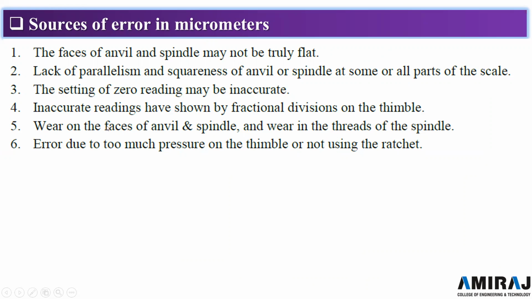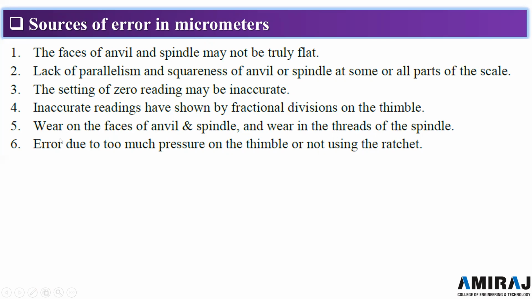Another error that is possible is inaccurate reading shown by the fractional division on the thimble. When we are taking a reading, we count the thimble marking, but if the reading is shown by fractional division, there is a chance of inaccurate reading.